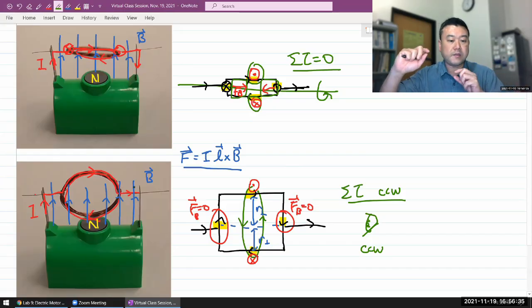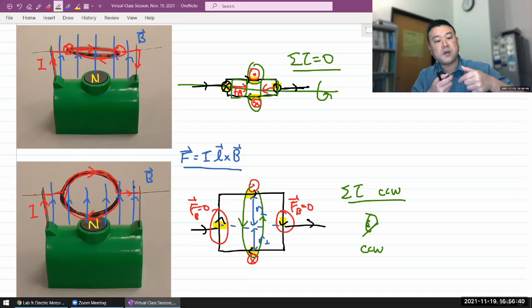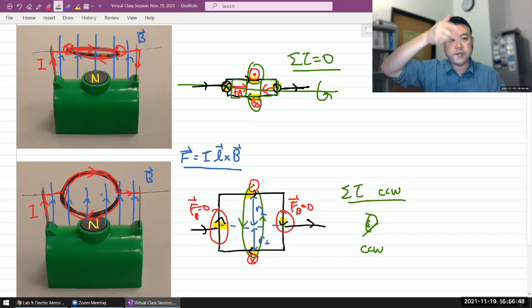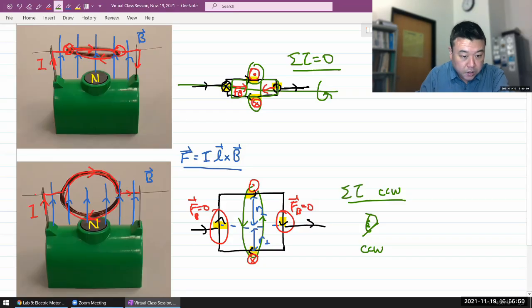So when the whole loop is in one orientation versus the other, if I imagine flipping this around so that after it has turned 180 degrees, the current at the bottom is now flowing left to right, and the current at the top is flowing right to left, then you can see that the direction of torque will flip.